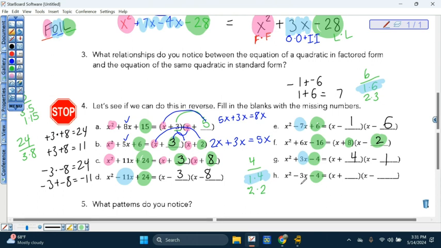They are slightly different because this, again, has this negative middle term. What would this one be? Yeah, a positive 1 and a negative 4 get me to this negative 3. Good. Okay, so again, these numbers that we fill in are going to multiply together to get to this last term, and they're going to add together to get to the middle term.